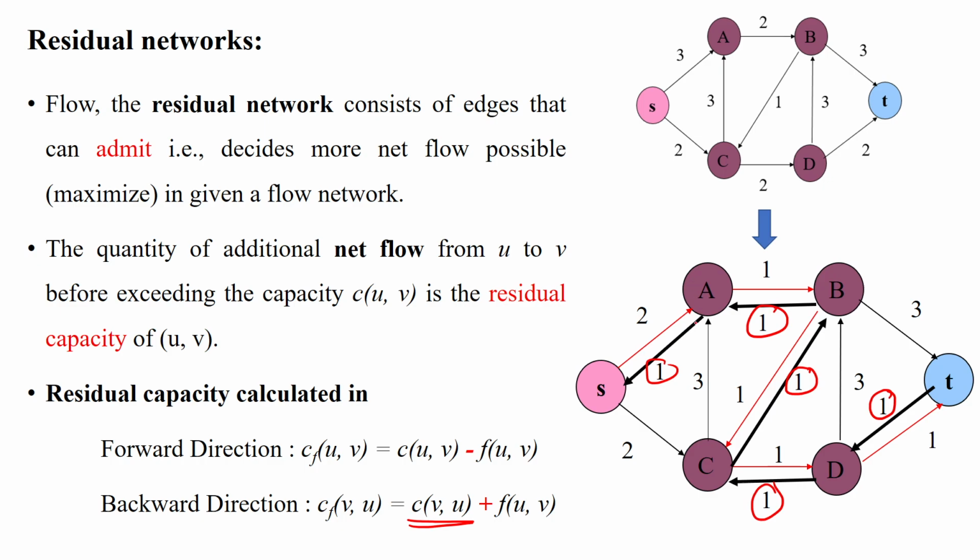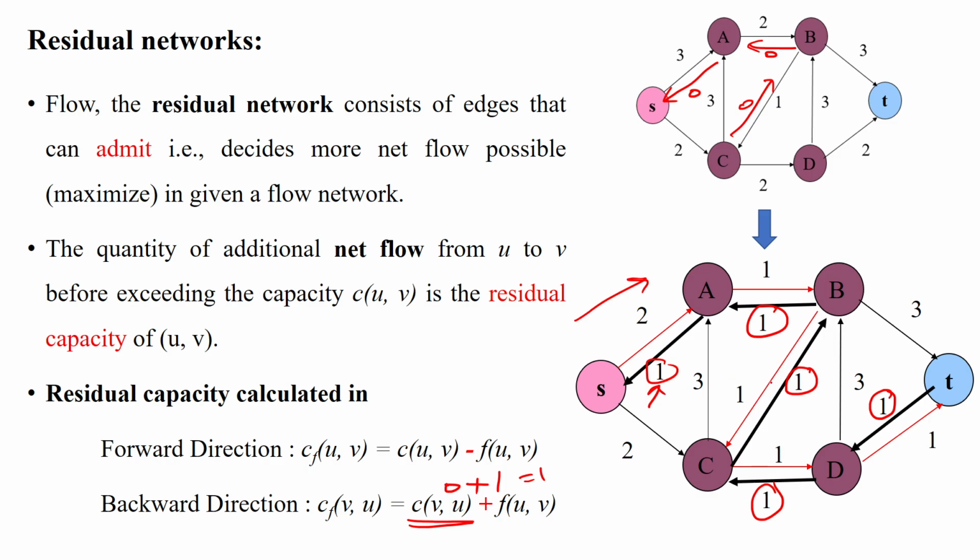Initially this was 0, so in this backward direction every edge has 0 units. So now 0 plus the flow between u comma v. For example, when you take this path, the flow between each u and v is 1 unit, so 0 plus 1 is 1. So this is the value we got.